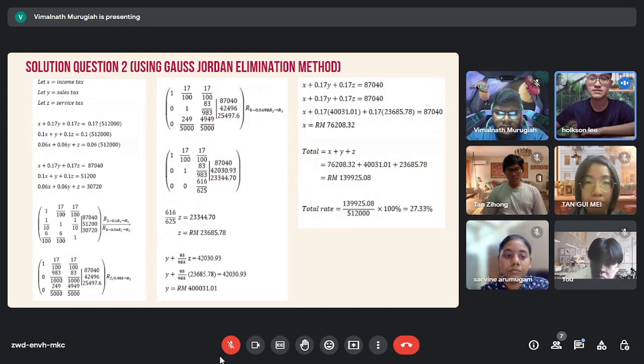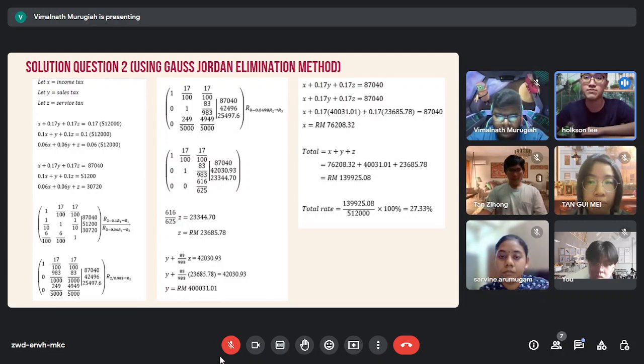So 616 over 625 Z equals 23,344.70, so that Z equals 23,685.78. And we substitute the Z into the Y plus 83 over 983 Z. Then we calculate the equation, and we get Y equals RM40,031.10.